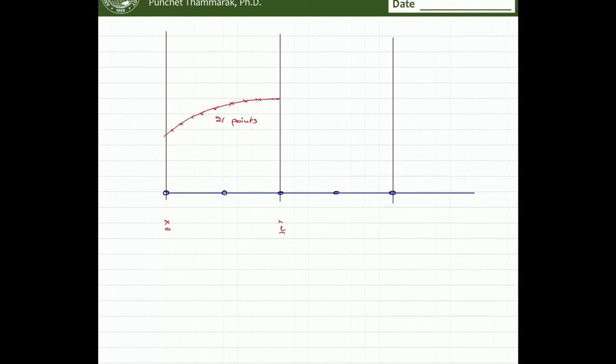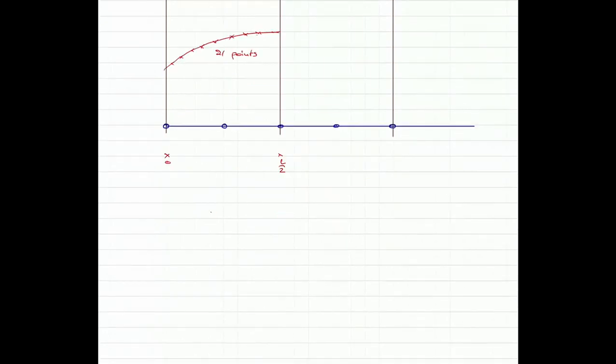Yeah, 20 elements. So you can figure out this is 0, this is L over 2. So you break the element length L over 2 into 20 pieces. Then you get many points. So x values are 0, 1/20 of L over 2, 2/20 of L over 2, 3/20 of L over 2, and so on.